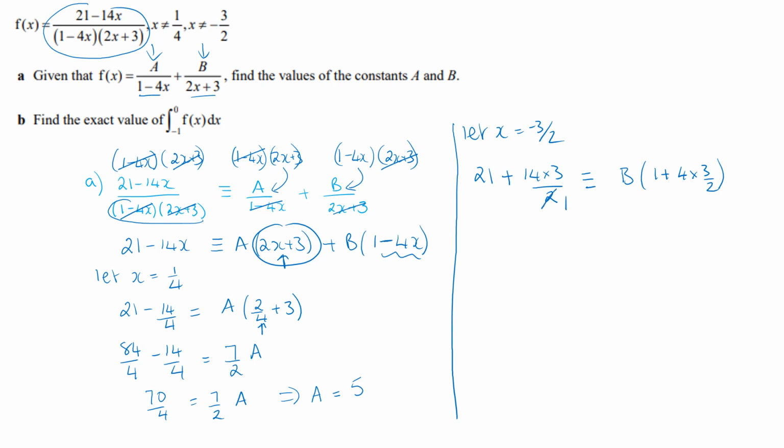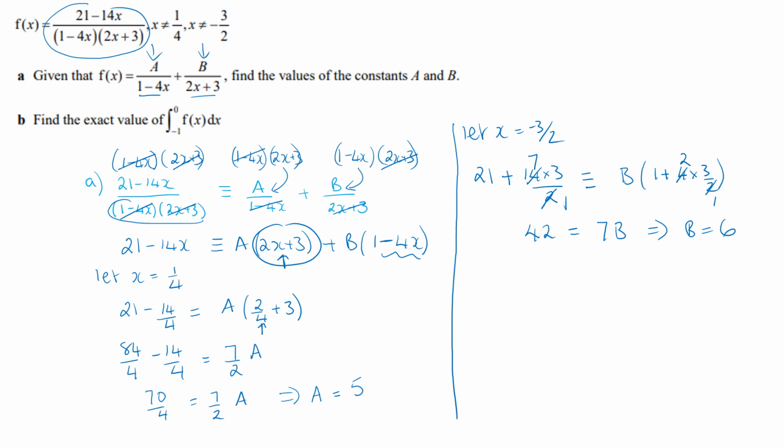So we can cancel here. We're going to get 21 plus another 21, that's 42, is equal to, here we can cancel this 2 with there. We're going to get 2 times 3 is 6, plus the 1 is 7. So 7B is equal to 42, so B is equal to 6.